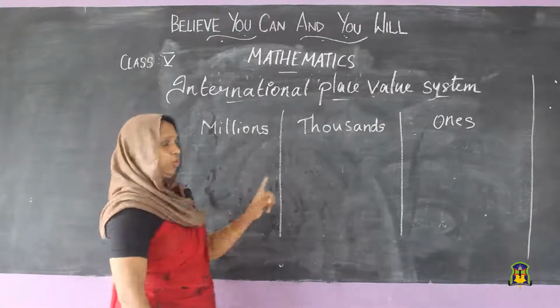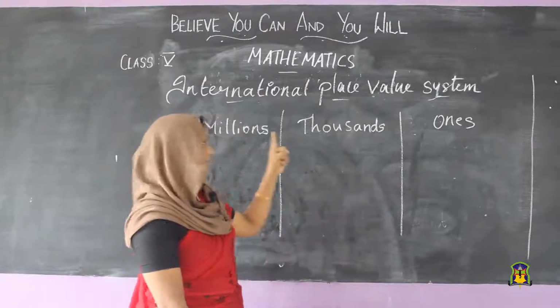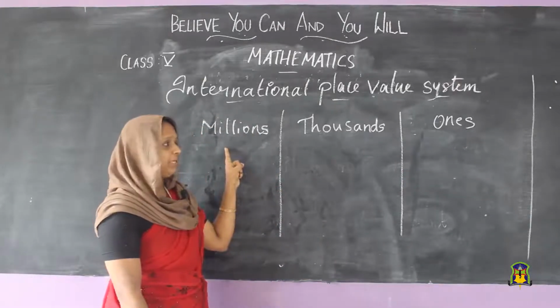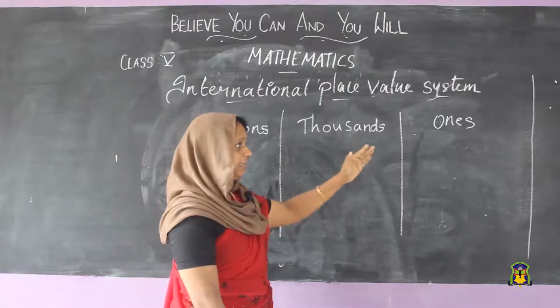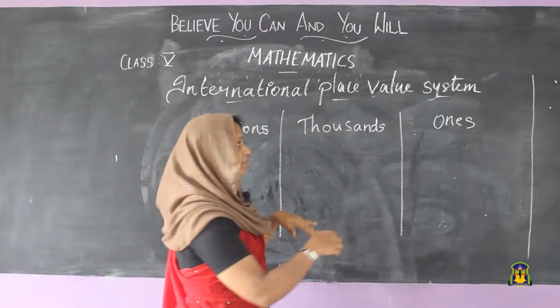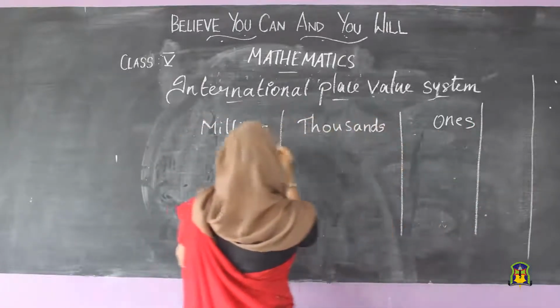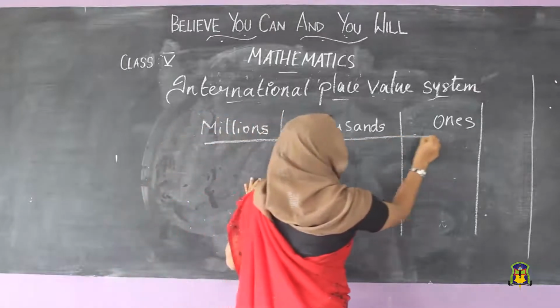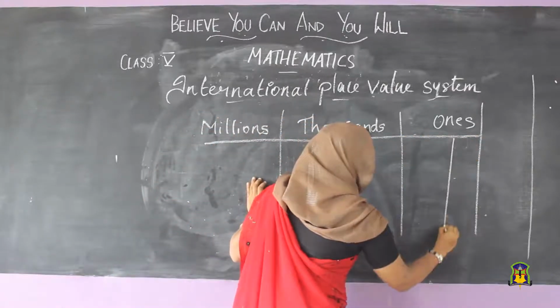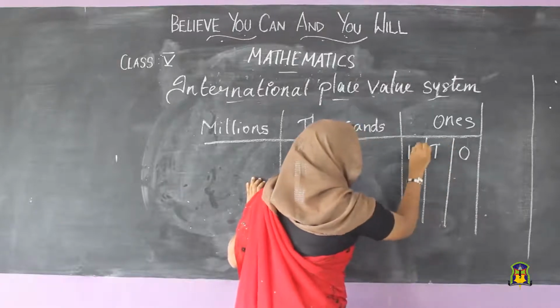So three periods are there: ones, thousands and millions. Again, these periods are divided into places. That means the ones period is divided into three places. They are ones, tens and hundred.